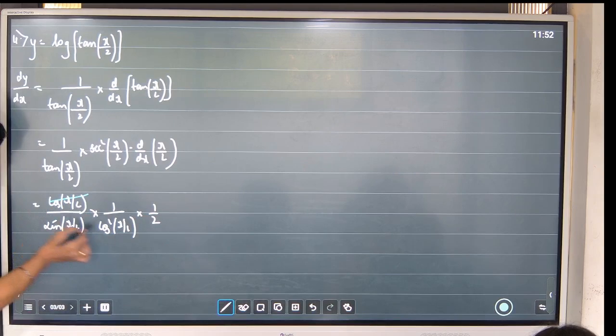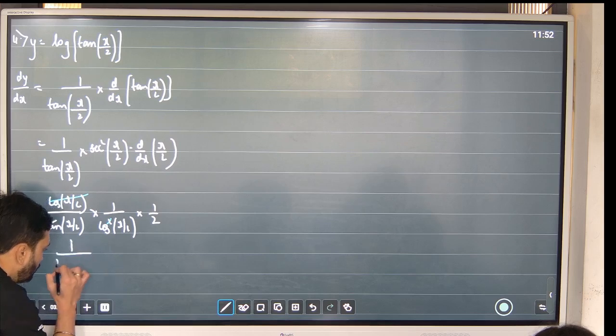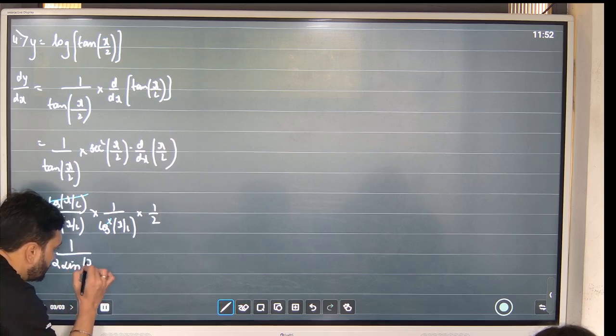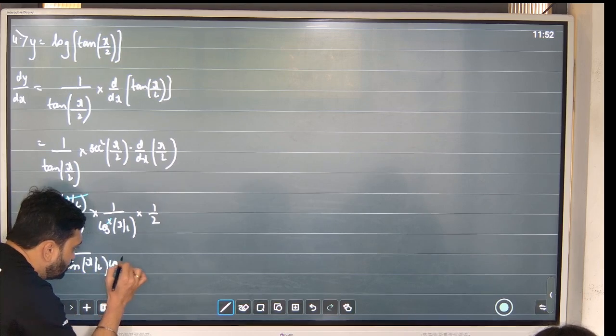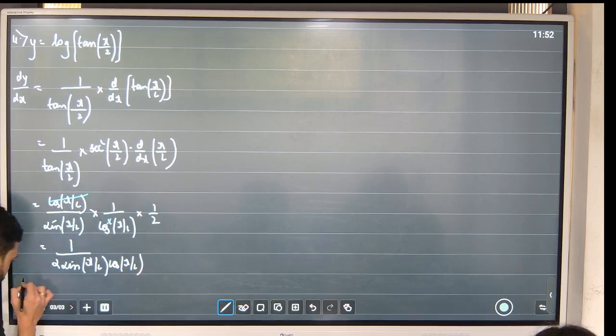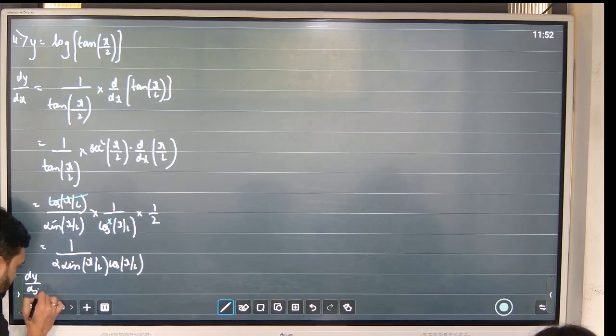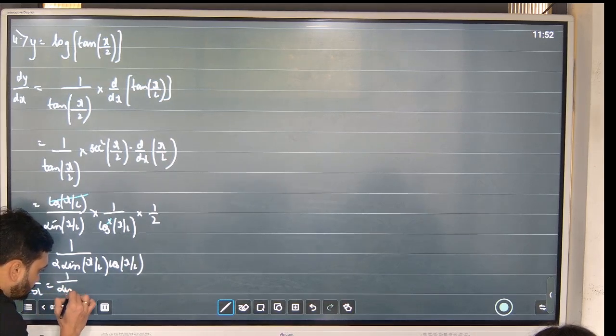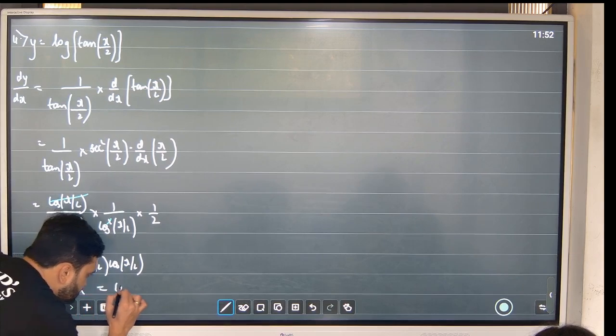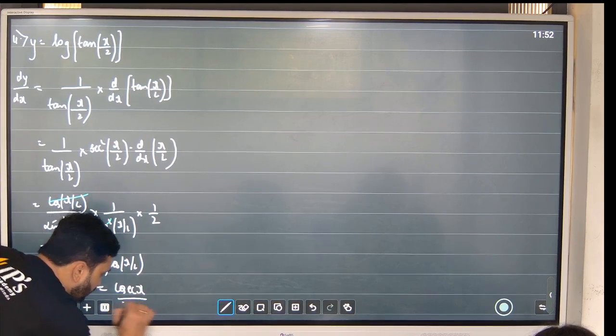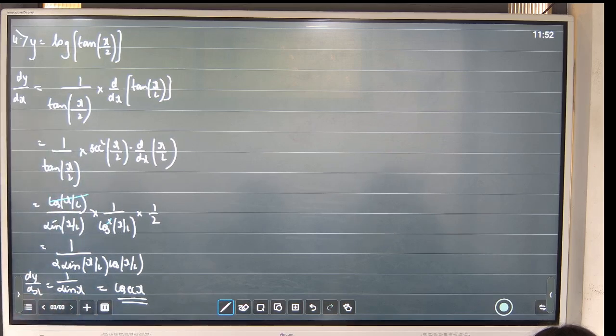Now this entire term and this square gets cancelled. I am left with 1 upon 2 sin x by 2 cos x by 2. Therefore, dy by dx is equal to 1 upon sin x, which is nothing but cosec x. Because 2 sin x by 2 cos x by 2 is nothing but sin x ka formula. This is the half angle, and the answer ultimately becomes is equal to cosec x.